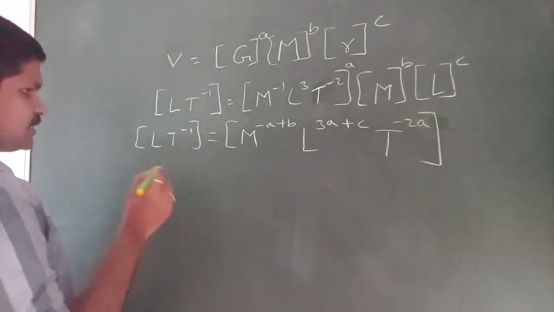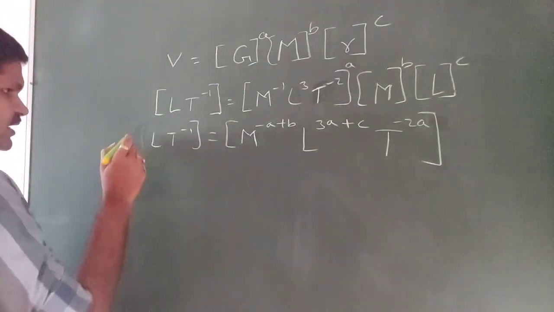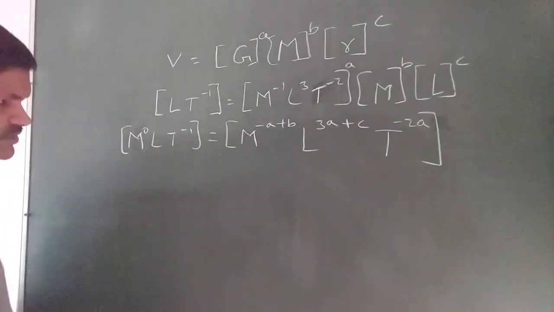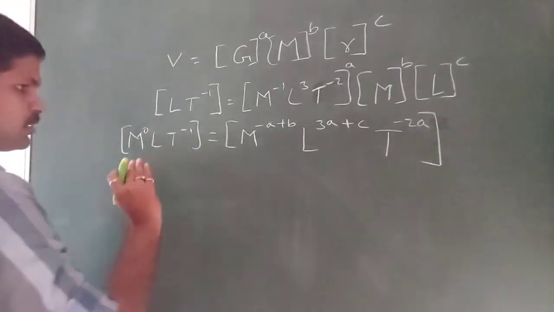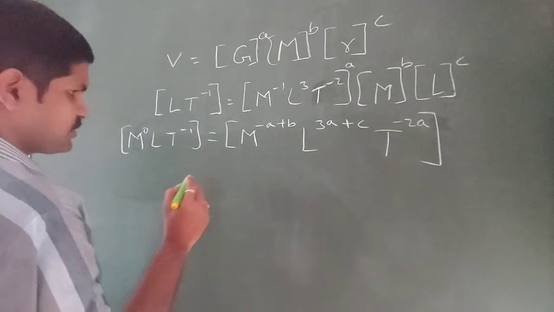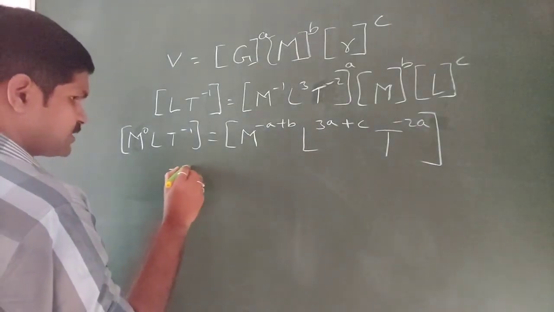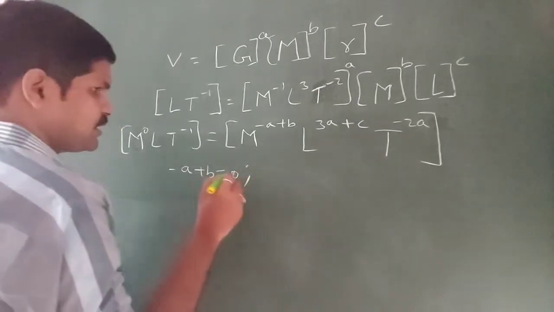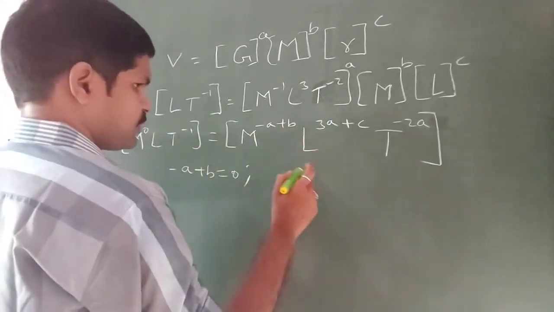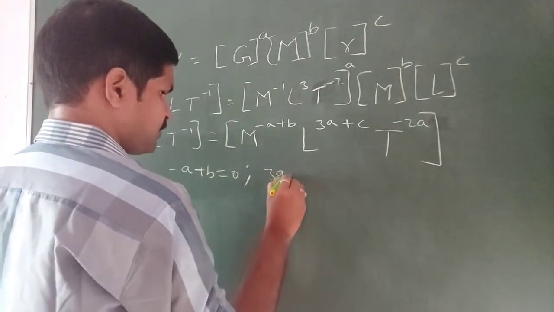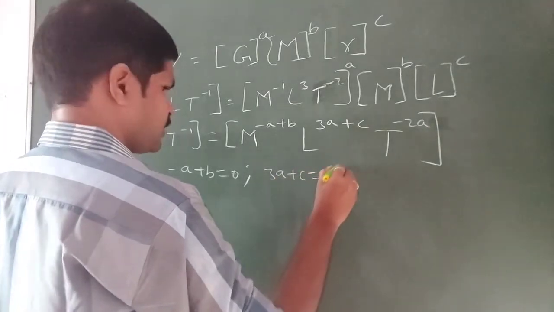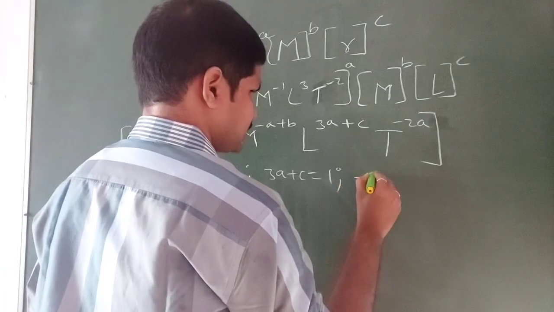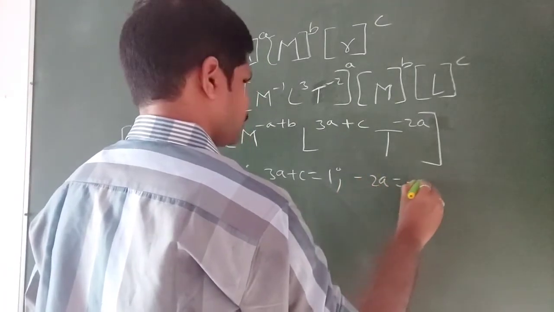From here we can write this equation as M naught L T power minus 1. On equating the powers of the two equations, we get minus A plus B is equal to 0, and L power 1 gives 3A plus C is equal to 1. And here minus 2A is equal to minus 1.